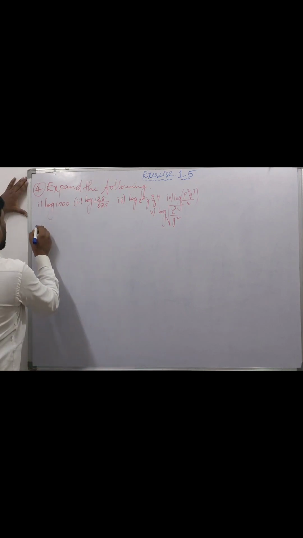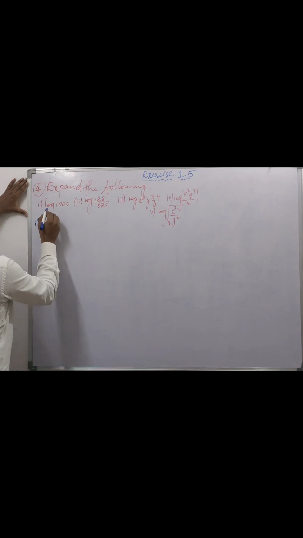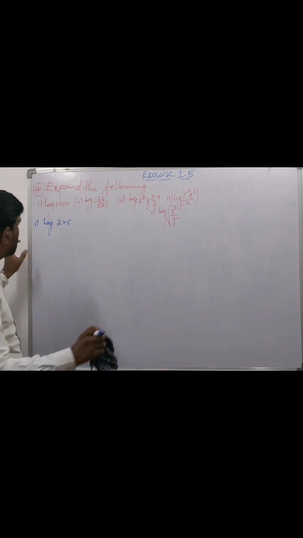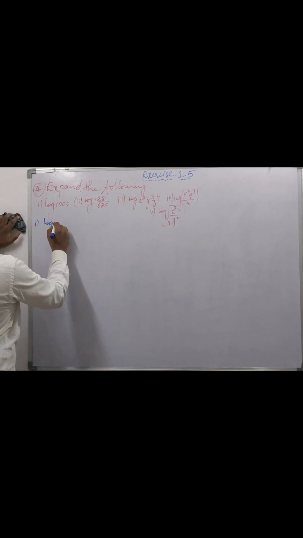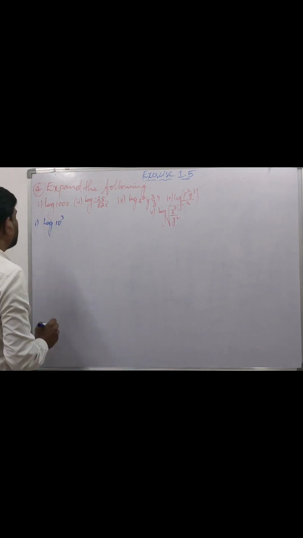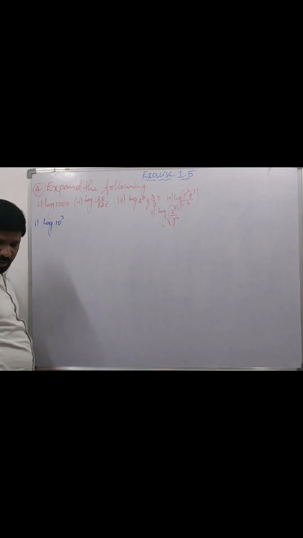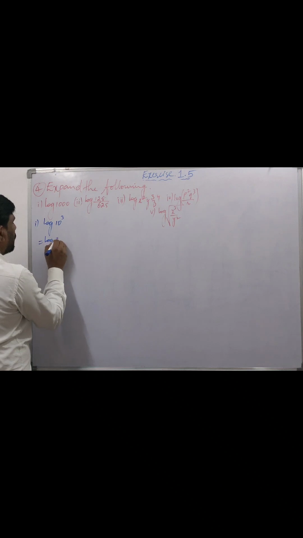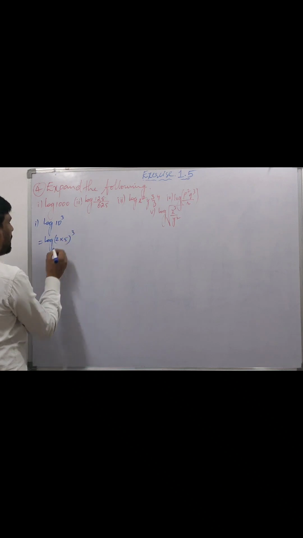Right? So log 1000 can be written as, so I am writing this prime factorization. If you do, you will get 2 into 5. Right? This is 10 cube, no? So otherwise I write this in the form of 10 cube. Okay? So what will you get? That is equal to logarithm of 2 into 5, 10 whole cube I will write.